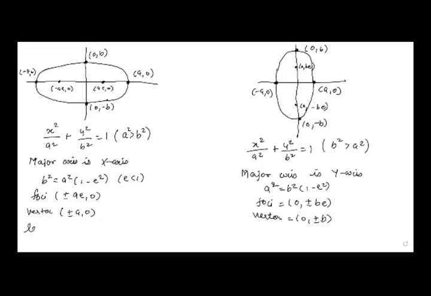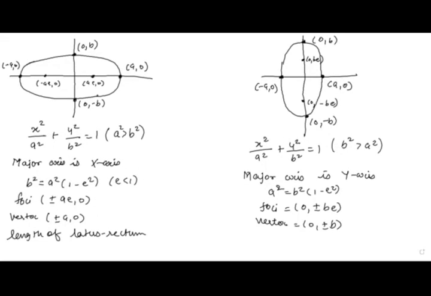Then the length of latus rectum. Now here in this case, the latus rectum is a line segment that is passing through the focus and exactly perpendicular to major axis. Here you will get two latus rectum. In both the cases, you will have the same length, that is 2b square by a.